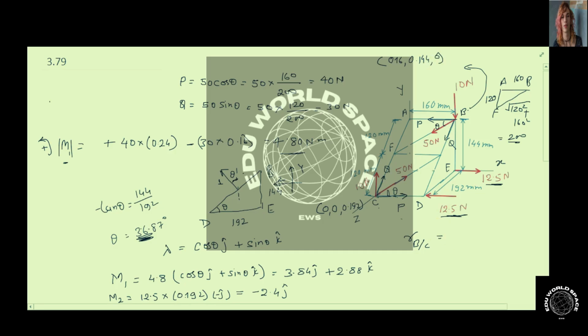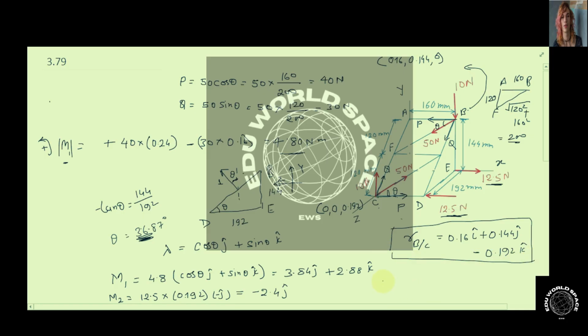So position vector of B with respect to C can be calculated by using these two coordinates, and it comes out to be r of B with respect to C equals 0.16 i cap plus 0.144 j cap minus 0.192 k cap. So this is the position vector of B with respect to C.